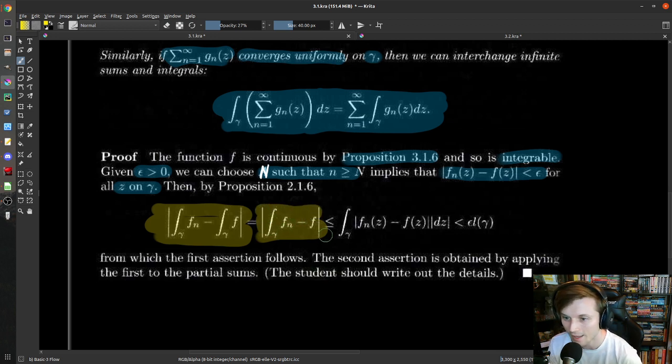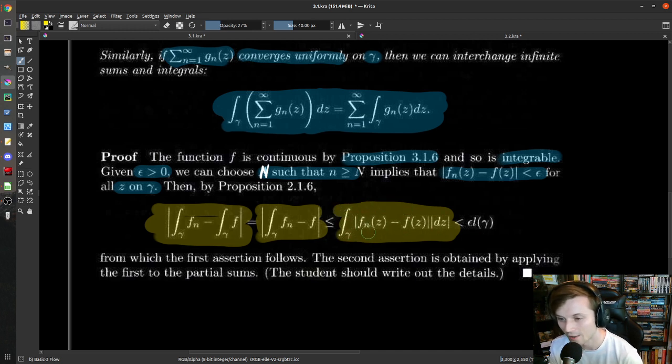Okay, and then we can, of course, move that absolute value bar on inside at the cost of a less than or equal to sign. Okay, that's once again from proposition 2.1.6. And of course, via the fact that we have an upper bound for this piece, we can say that this contour integral right here is less than that upper bound epsilon times the length of the curve.